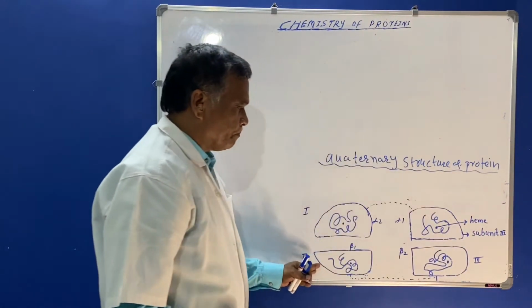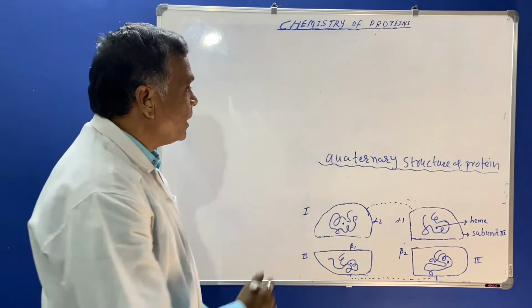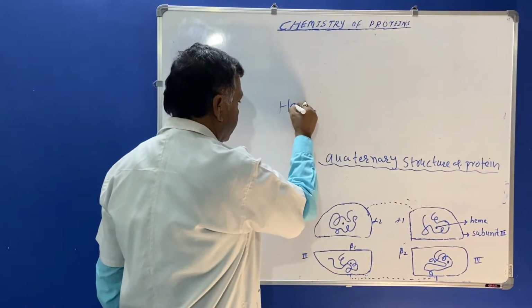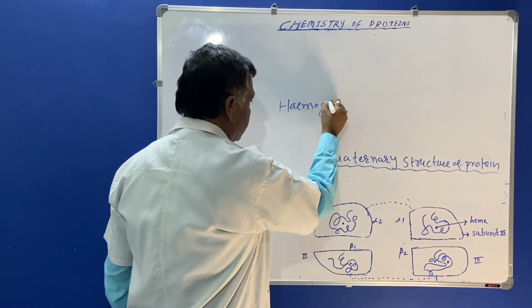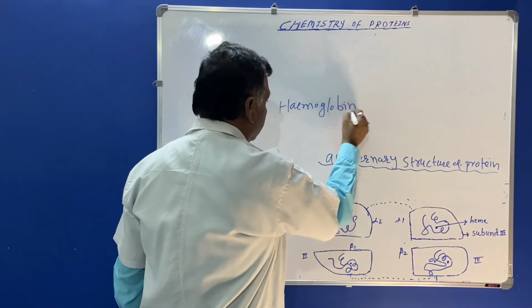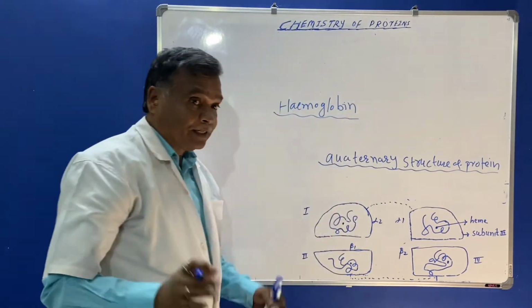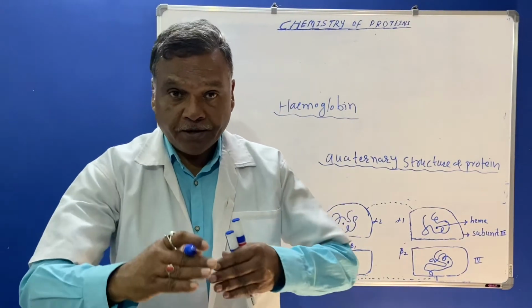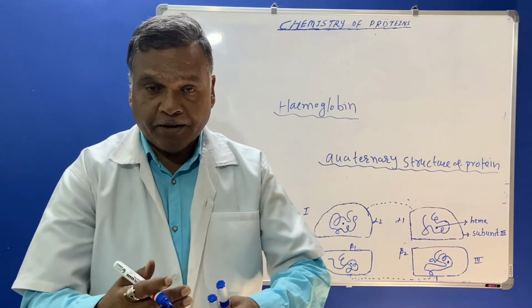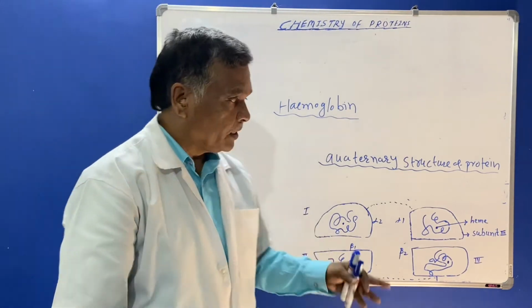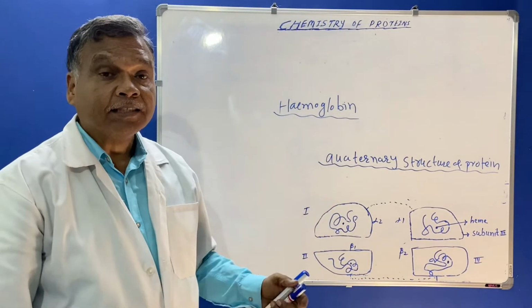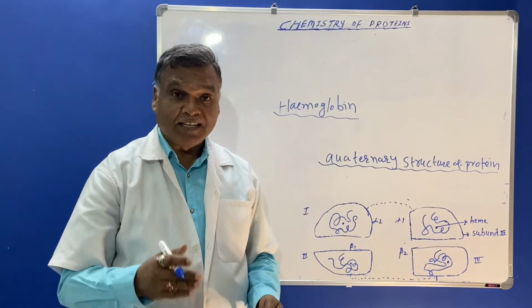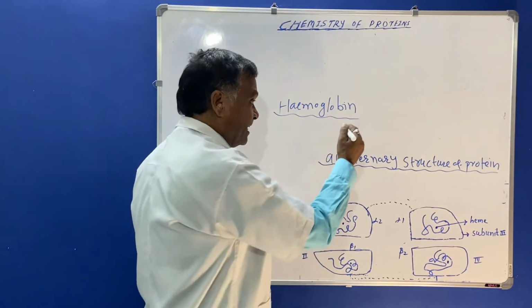What will happen here? This is the structure belonging to hemoglobin. The tertiary structure of protein is again folded into the quaternary structure, and the quaternary structure is said to be a polymeric structure.